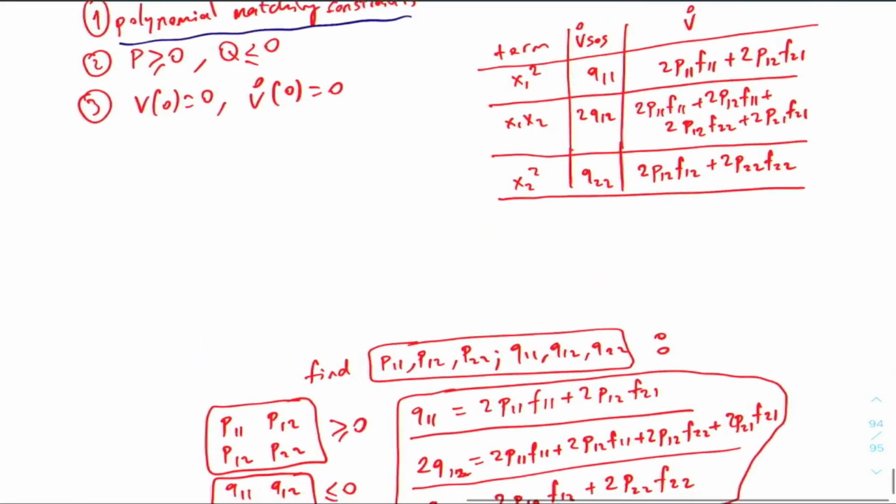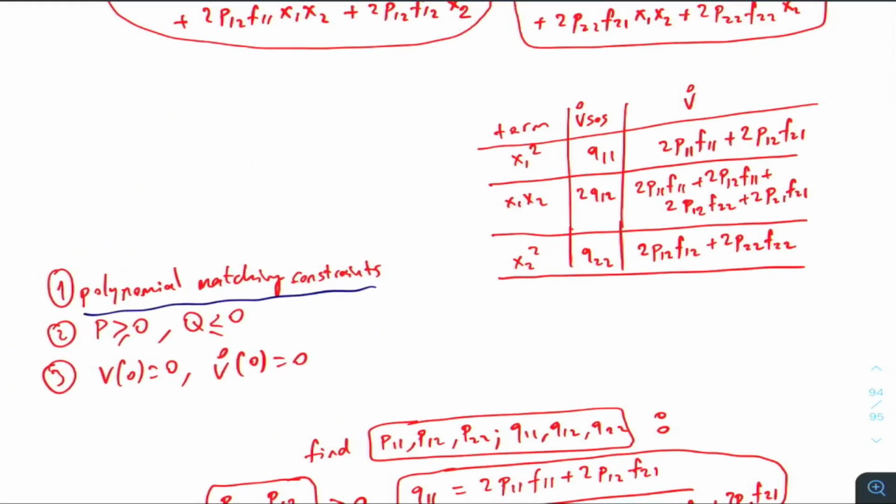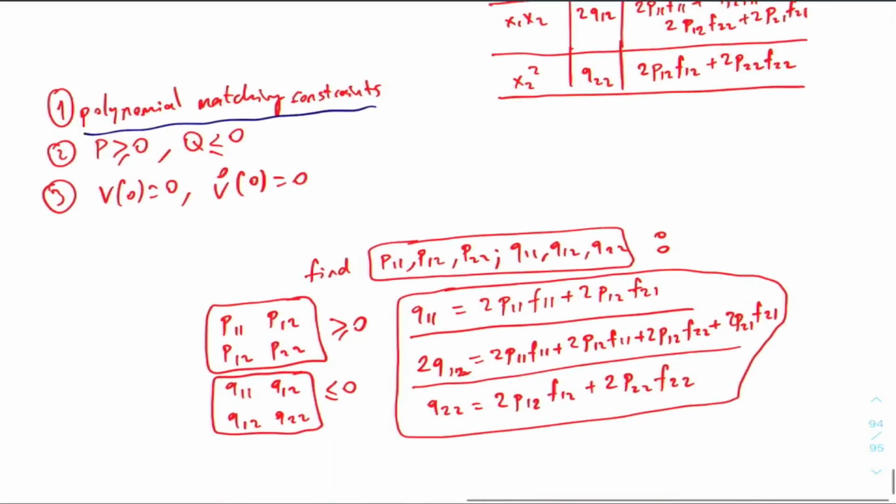Okay, here let me just get the names of the constraints so we can match them up. Here polynomial matching constraints, and here polynomial matching constraints, and here E being positive definite and Q being negative definite.